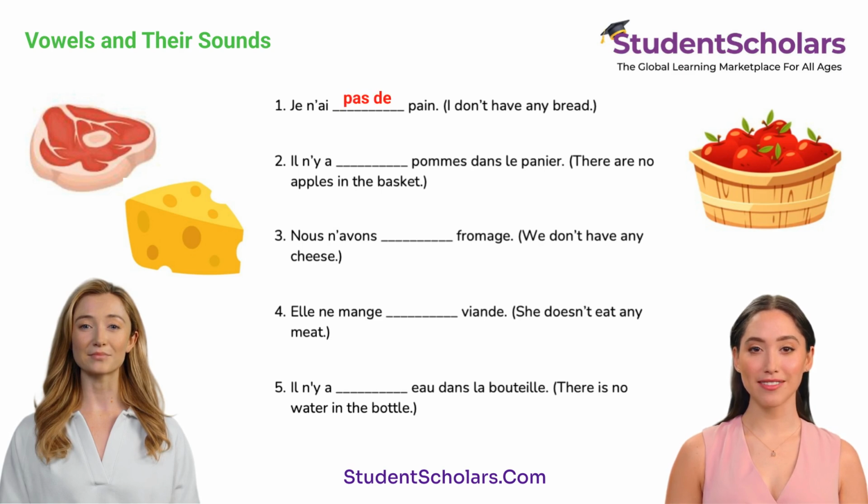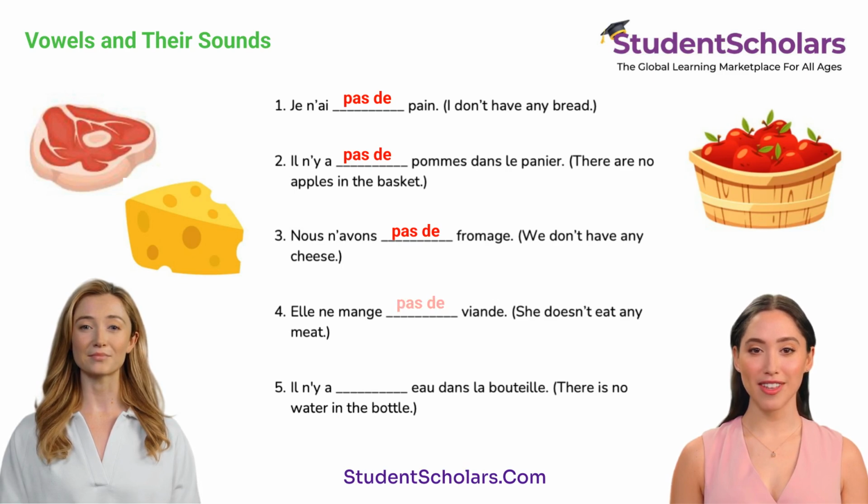Je n'ai pas de pain. I don't have any bread. Il n'y a pas de pommes dans le panier. There are no apples in the basket. Nous n'avons pas de fromage. We don't have any cheese.